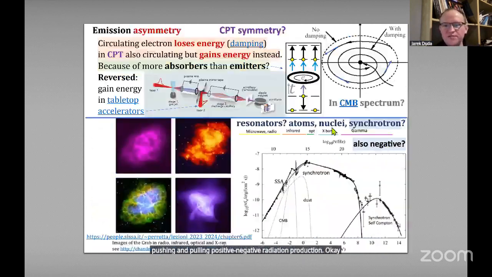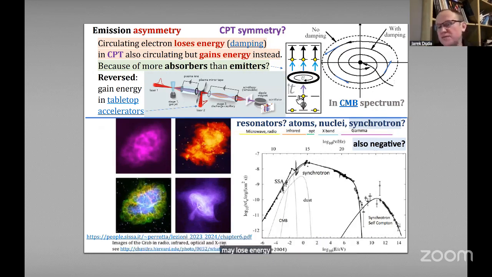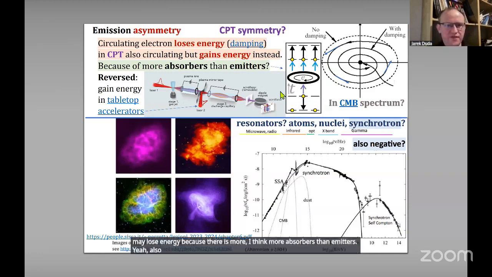Okay, so there is this beautiful Crab Nebula. The big question is where to search for this positive and negative radiation pressure. From synchrotron radiation, I think it's a natural way. So there is this asymmetry of radiation I have mentioned, that now electrons may lose energy because there are, I think, more absorbers than emitters. And Hugh Price says something like that, especially that we could increase the number of emitters.